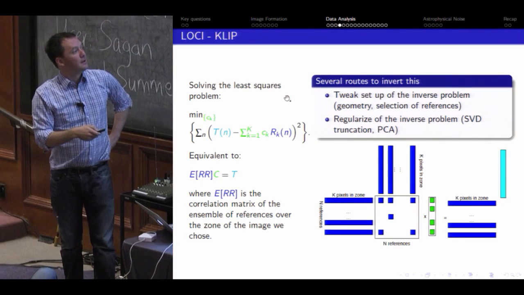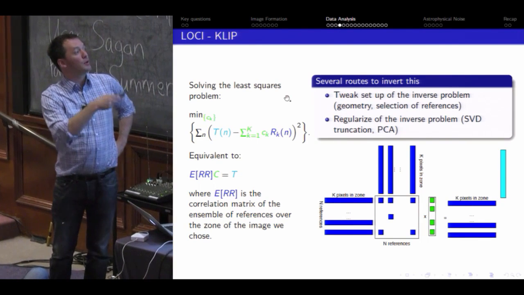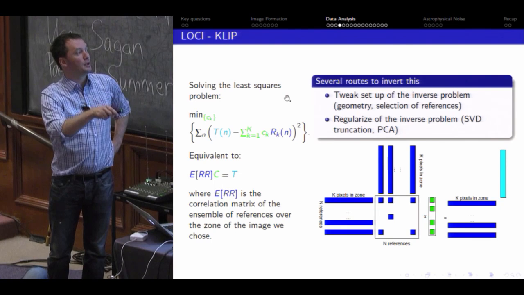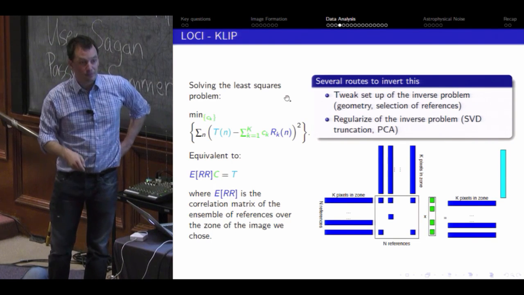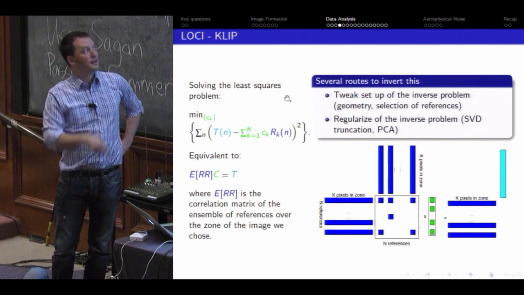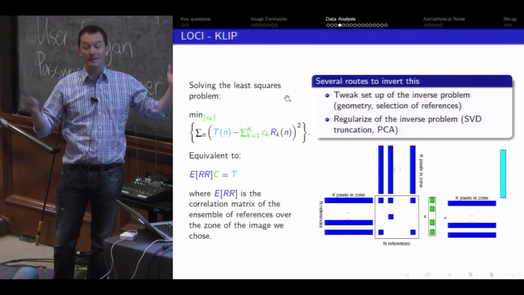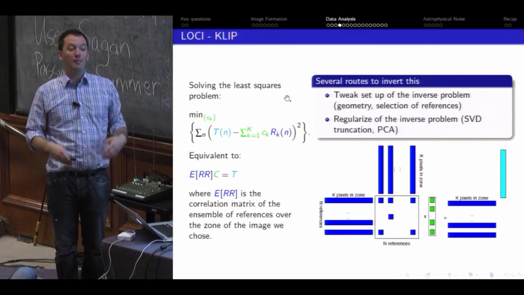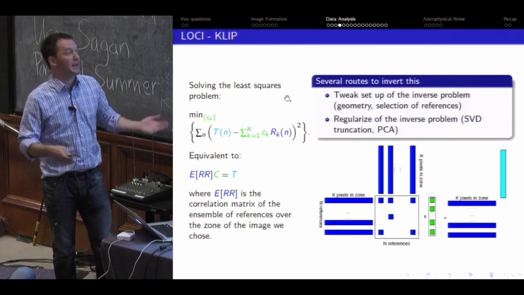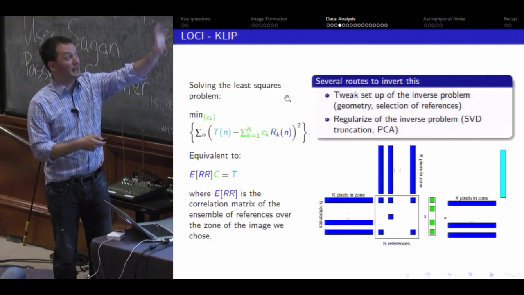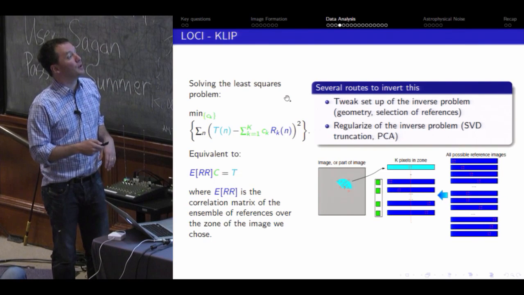The way you do it is a least squares problem. You can build the correlation matrix, try to invert it, and get your coefficients. Of course, like any inverse least squares problem, it might be poorly conditioned, so you have to play a bunch of games to make it work the way you want.